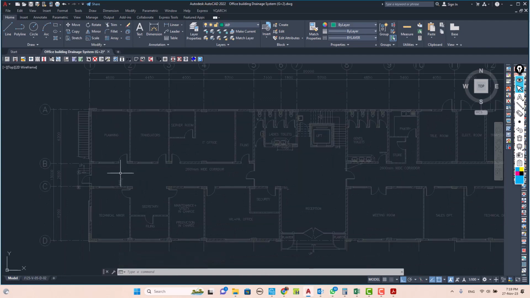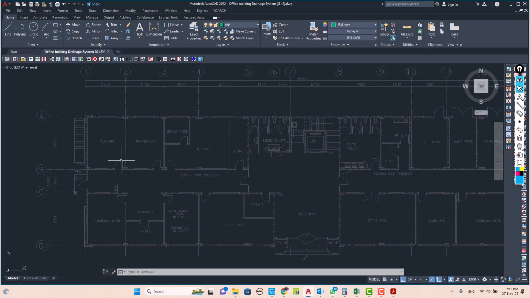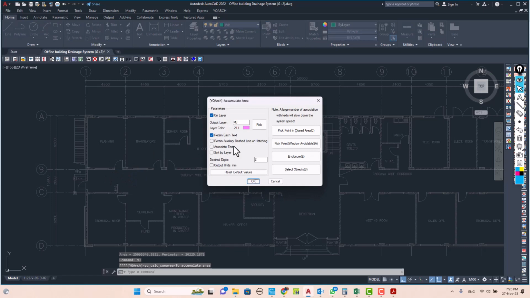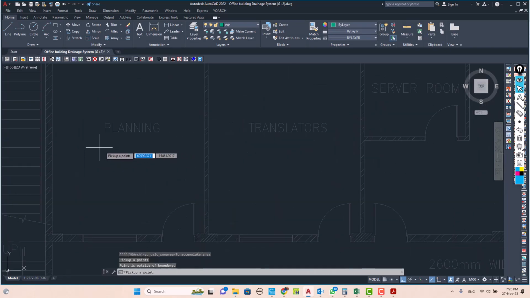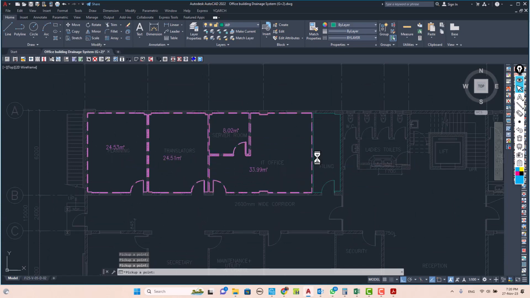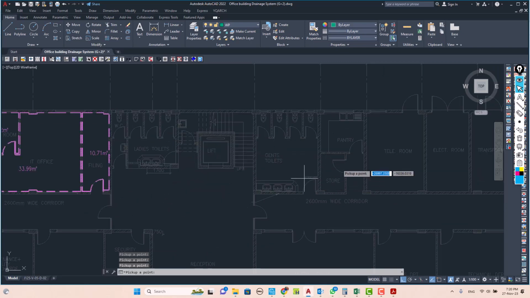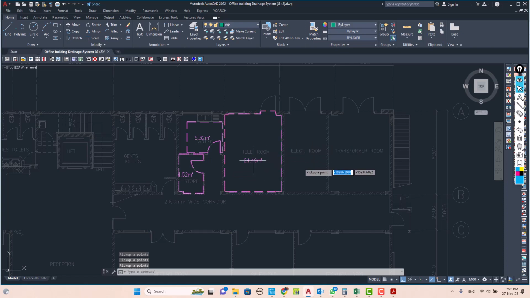So to save time, we just need to type the MJ command, press enter and pick a point in the closed area. And here we will put 1, here server rooms. See, automatically it comes, right? See, pantry here. See, the area is automatically coming here.